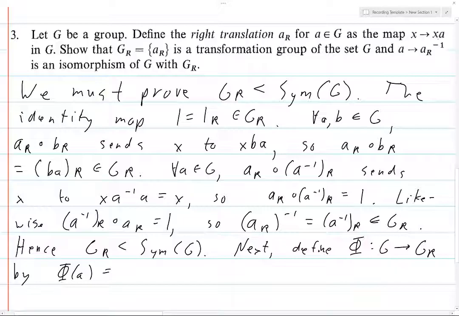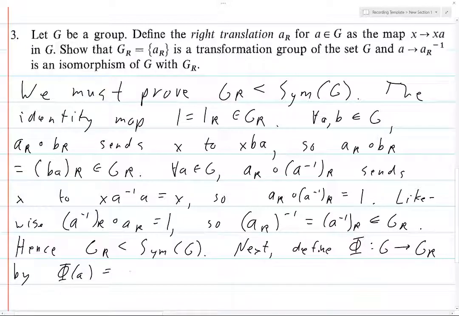I don't like that notation because I like to write arrows like this, where phi is a map that sends elements in G to elements in G_R. And if I want to show what it does to particular elements, I'll say it takes a and sends it to a_R. I use this vertical line at the end of the arrow to show that we're talking about elements and not the sets. But whatever, to each his own.